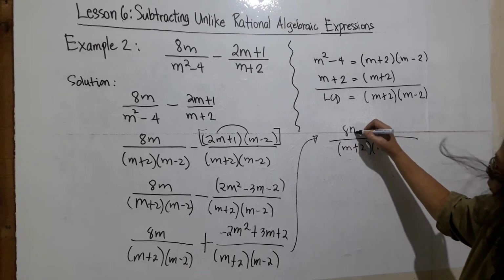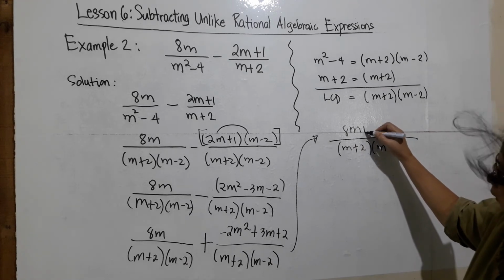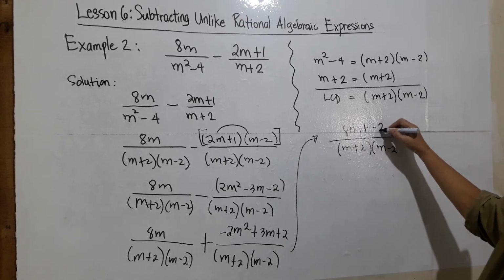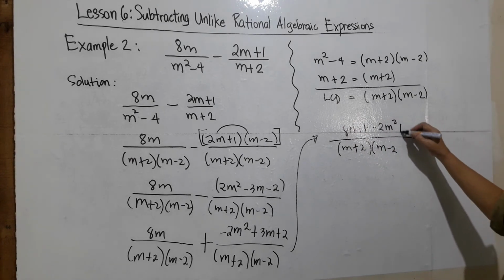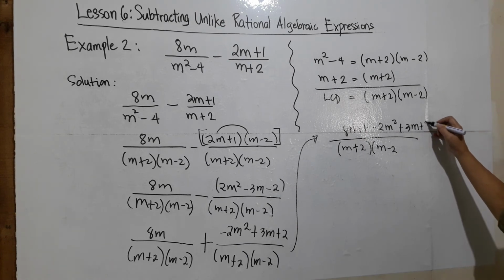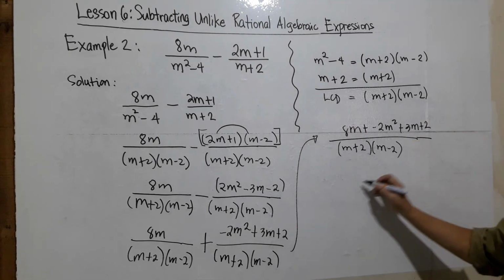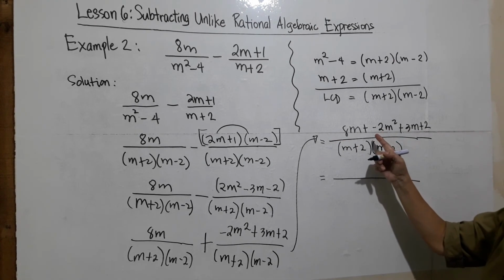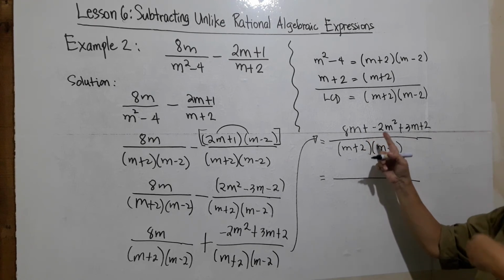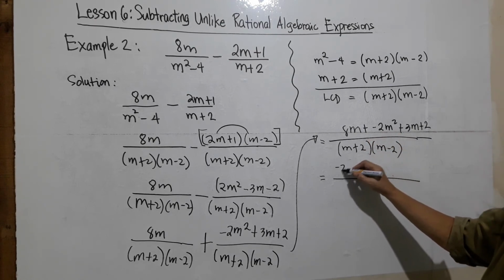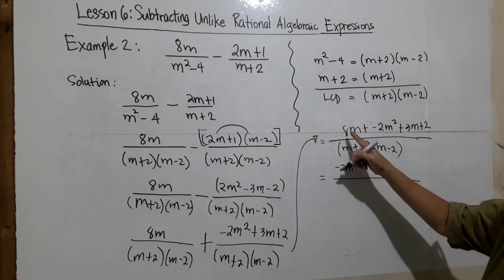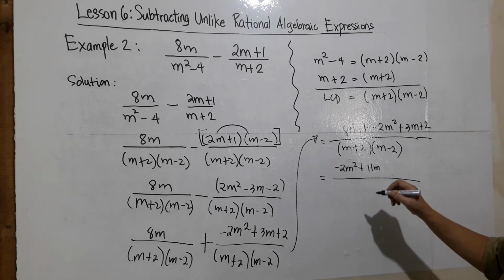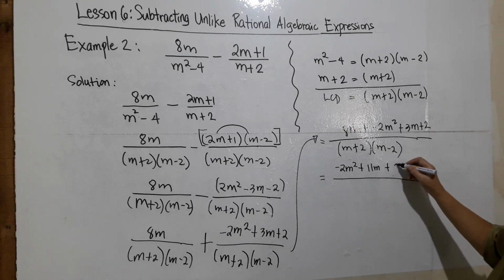So 8m plus negative 2m squared plus 3m plus 2. Okay, let's simplify now. Since the term with the higher exponent is m squared, we'll write that first: minus 2m squared. 8m plus 3m will give us 11m plus 2.